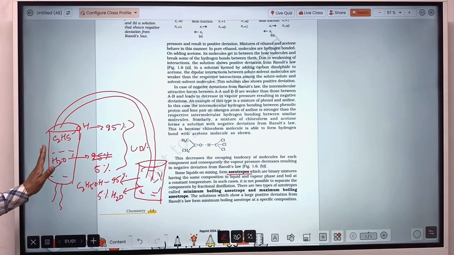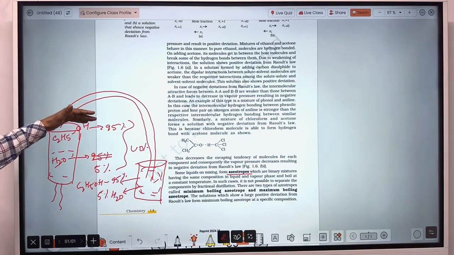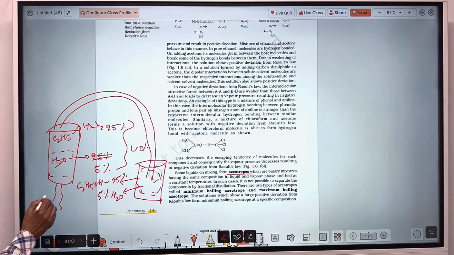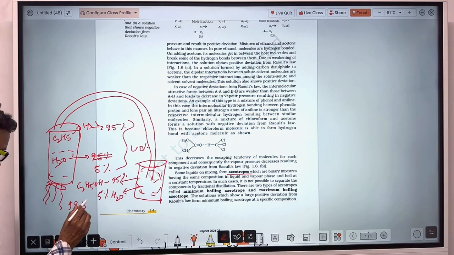So by heating them you cannot separate ethanol and water, and its boiling point will be fixed. Its boiling point will be lower than 100 degrees Celsius, near about 98.8 degrees Celsius.